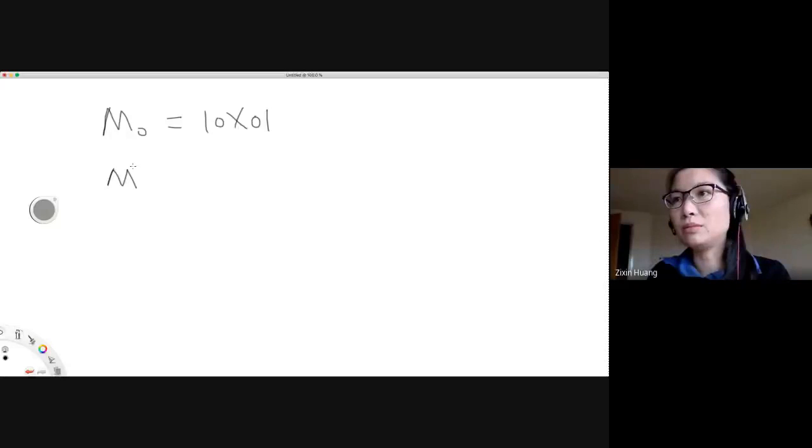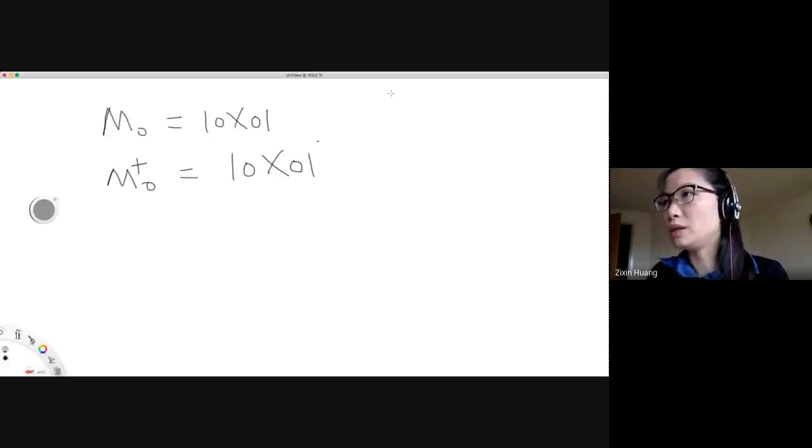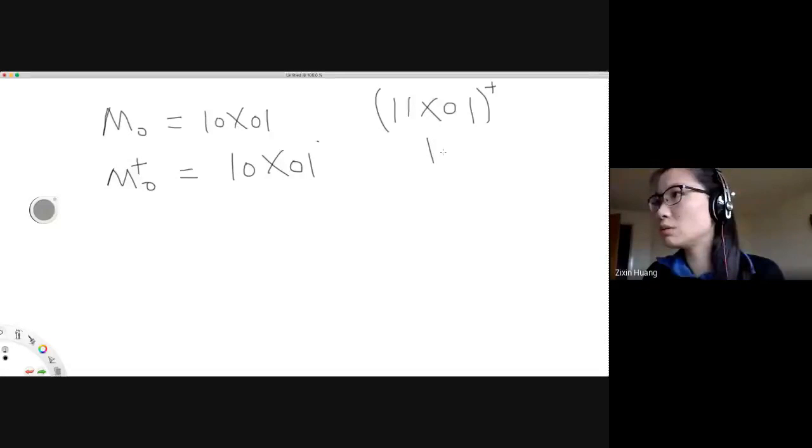If I apply the dagger to it, this remains unchanged. What would change, though, is if this is something that looks like the X, so if I have ket 1 bra 0 here and I put a dagger on this, this would become ket 0 bra 1.